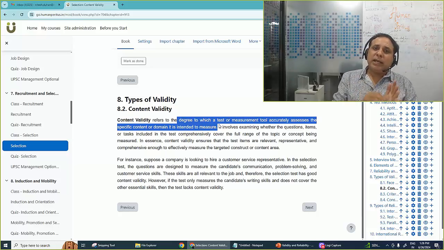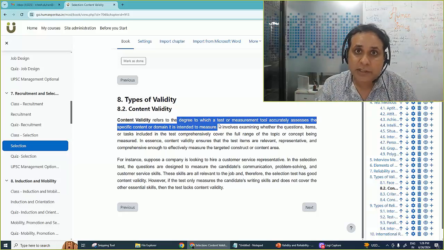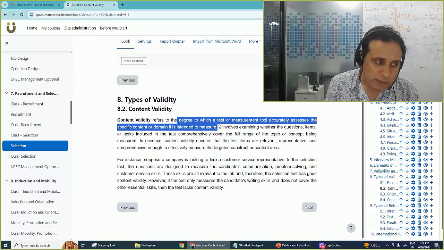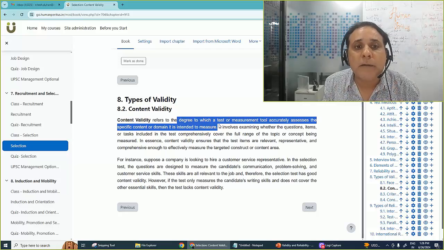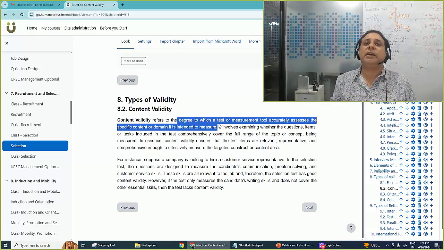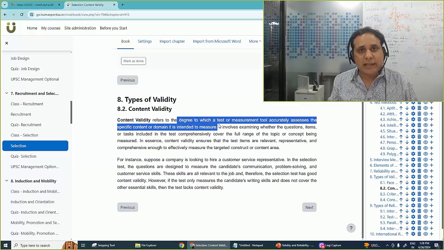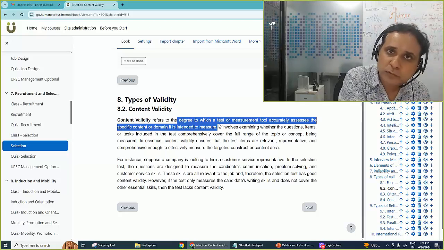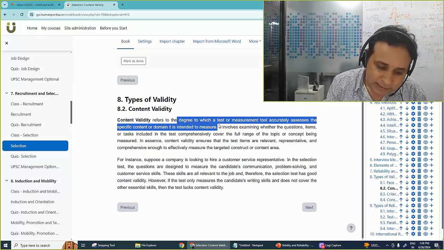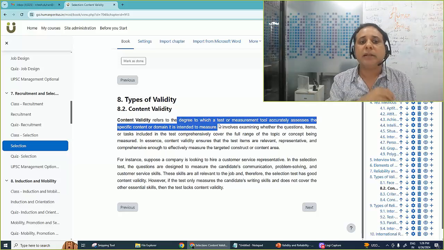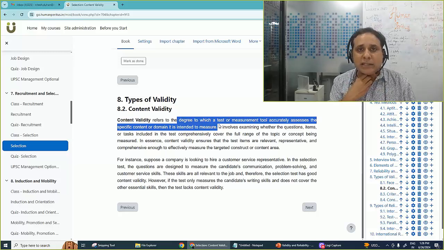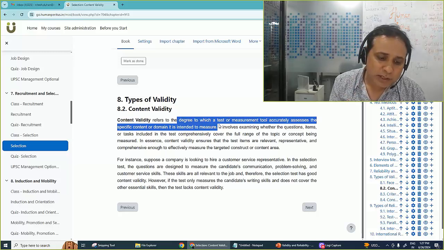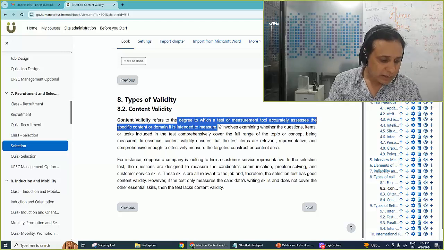Then whether my test has questions from all these three languages, Java, C++ and Python, or not, will decide the content validity. If that test has got questions from all the areas which are required for the software engineering job, then yes, it has got content validity. Otherwise, it has issues of content validity, or it does not have content validity.